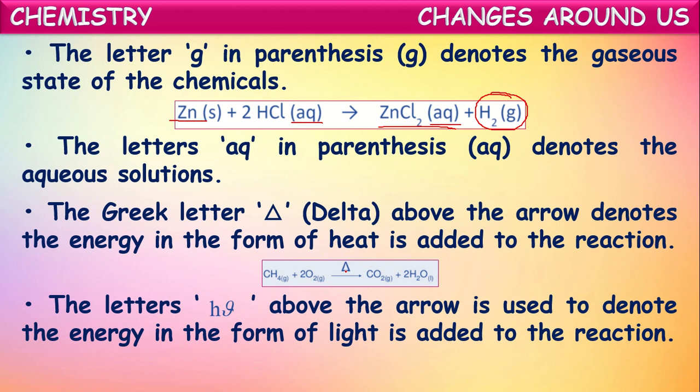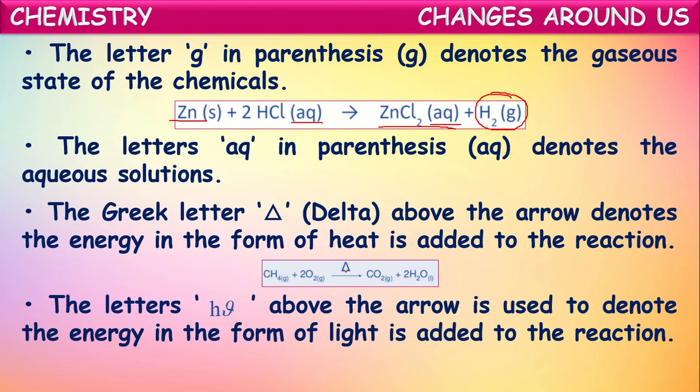So in some chemical reactions, light energy will be absorbed for the formation of products. So in the chemical equations of those reactions, on the arrow mark, H nu is written, which indicates the absorption of light energy.